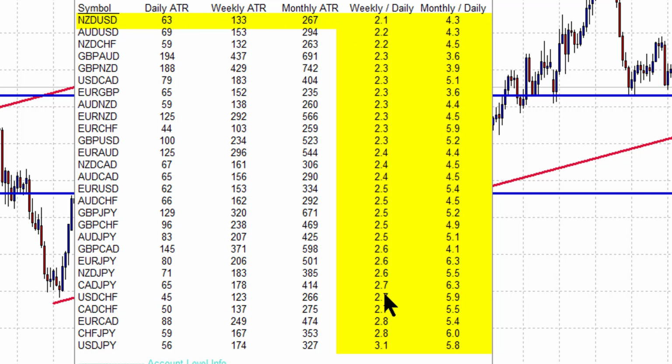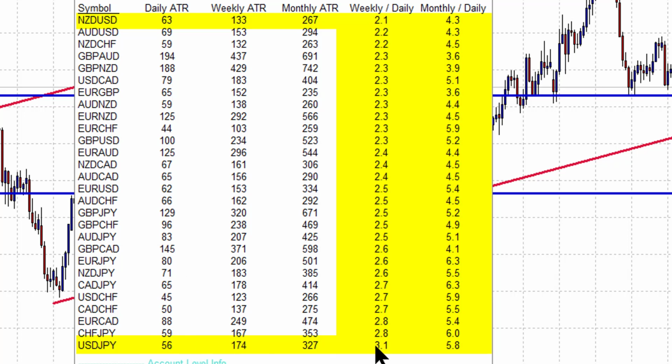If we now look at the one that is a little bit more volatile, like down here at the moment, the yen, you can see that the average true range of the yen is a lot smaller than the weekly one. So this time there's 3 times the daily range goes into the weekly range. Now the biggest you can get is 5, because if you are trending straight up for a long period, this ratio will be 5.